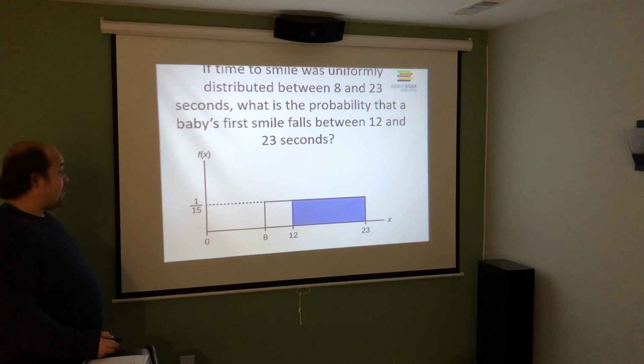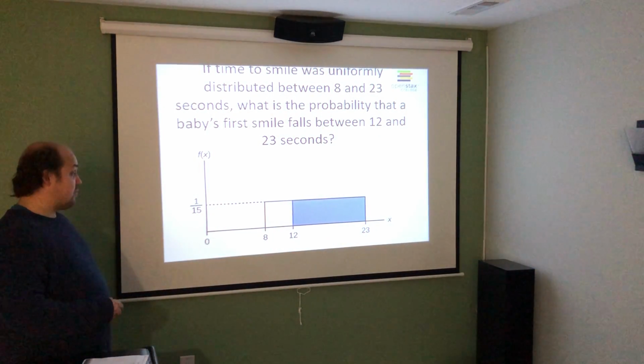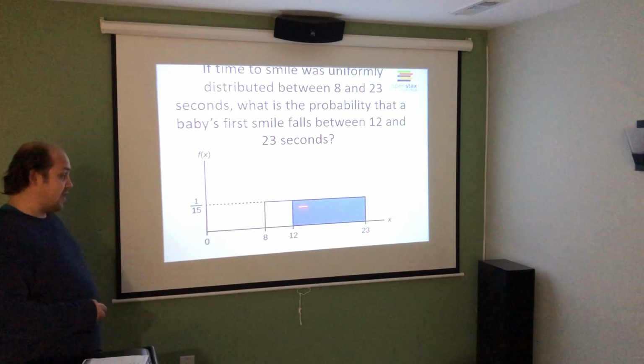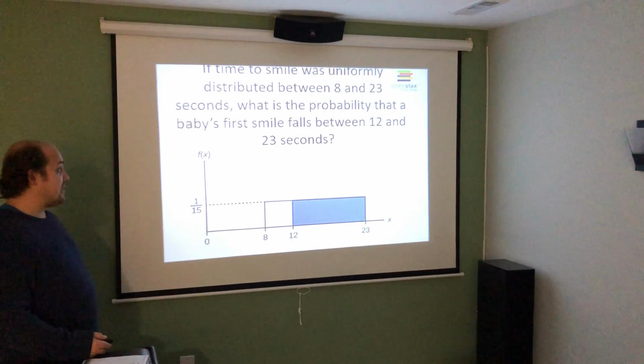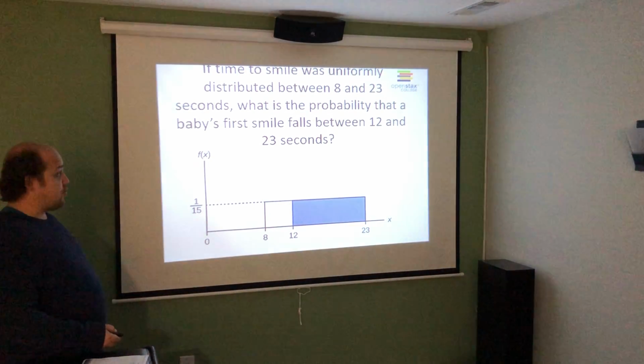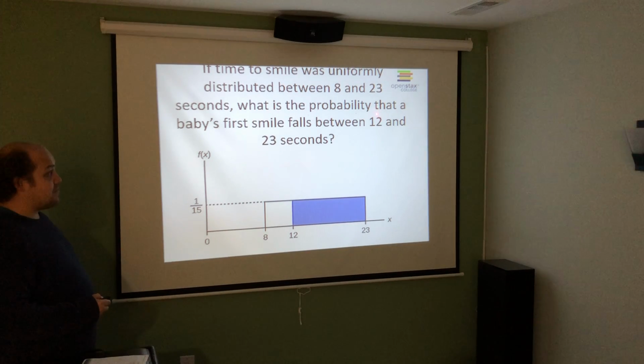When the box is now restricted to starting at 8 instead of starting at 0, instead of everything being 1 over 23, it's now all 1 over 15. That 1 over 15 comes from 1 over the end of the box 23 minus the start of the box 8. But the question we've been asked is what's the probability between 12 and 23 seconds? So here's where 12 falls, here's where 23 falls, we shade that area.